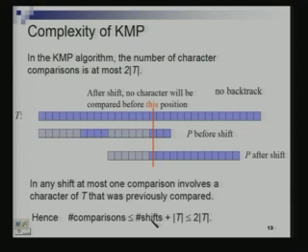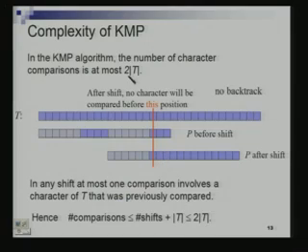So the total number of comparisons is the number of shifts plus the number of successful comparisons. Number of shifts, why? Number of shifts was the number of unsuccessful comparisons, right? So we broke up our comparisons into two sets, successful and unsuccessful. Once a character is part of a successful comparison, it's never compared again.